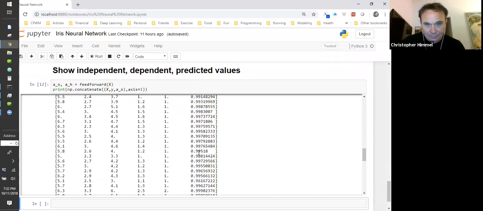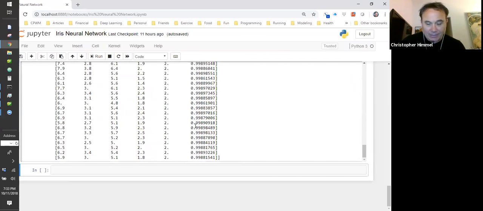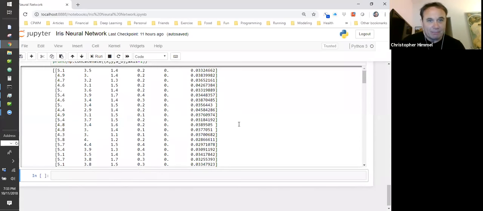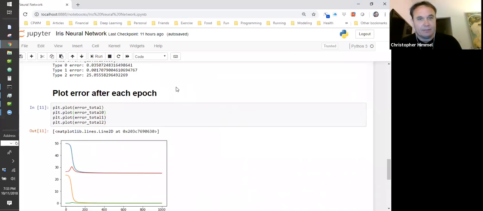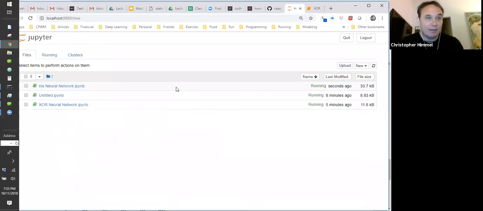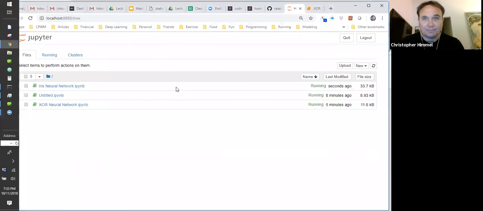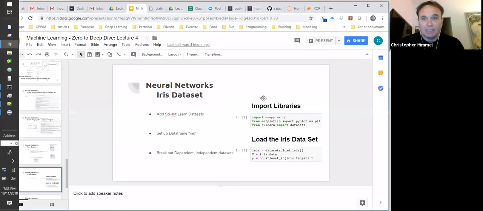All of those didn't guess very well. You subtract, square, add them all up, you end up with 50 divided by 2, you get 25. So that's the error. That's it for the IRIS data set. Everything was the same except for the data set, and we came up with similar results.